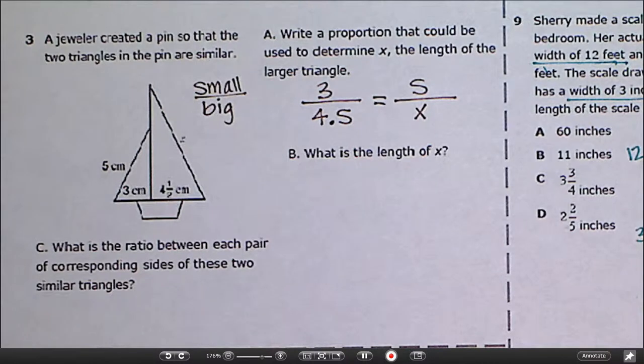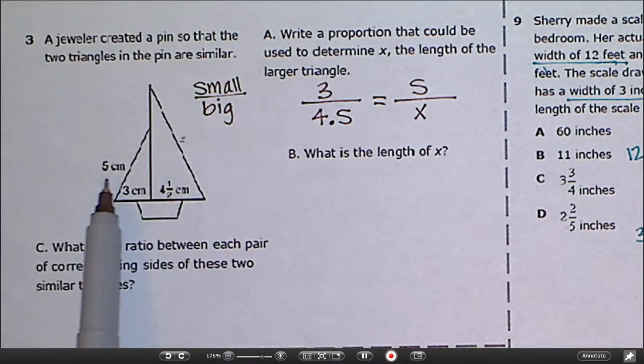So now I'd like for you to do B and C on your own. B is just where you're solving for x. C says, what is the ratio between each pair of corresponding sides of these similar triangles? So all that's asking you is, what is the ratio between 3 and 4.5?